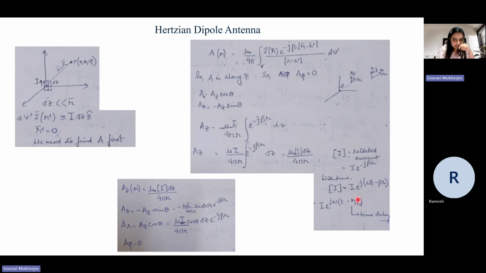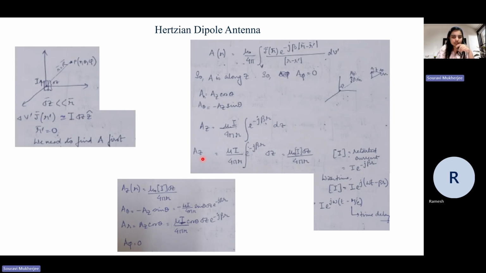Now it is telling you this is some current at some earlier time, where the time difference is r by c, and r is the distance between the two. So it's the current at some earlier time which governs the potential at the given time t.